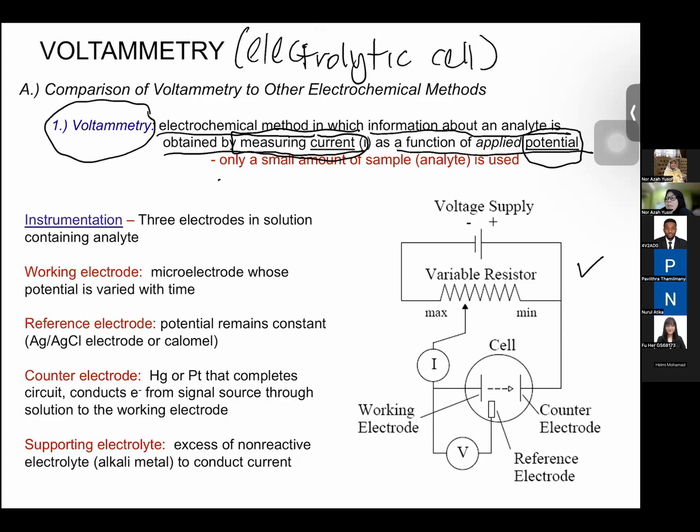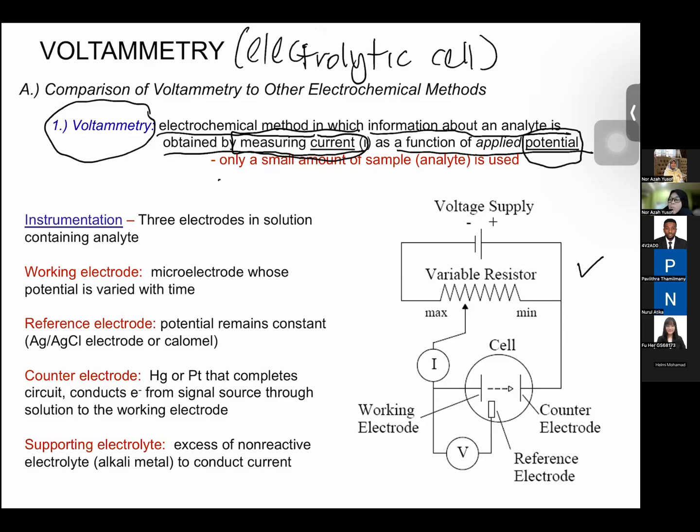The potential has to be supplied to the system. The reaction will only happen if we supply a certain range of potential. When potential is supplied, reaction happens, current is generated, and from the current we can identify quantitative or qualitative information of the analyte. That is the basis.